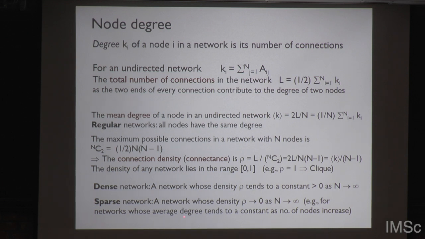On the other hand, it is a sparse network if, as the network becomes larger and larger, the connection density goes to 0. If you just look at how rho is connected with k, you would immediately realize that a sparse network would be one where the average degree tends to a constant independent of the size, whereas for a dense network, the average degree would actually increase with system size.